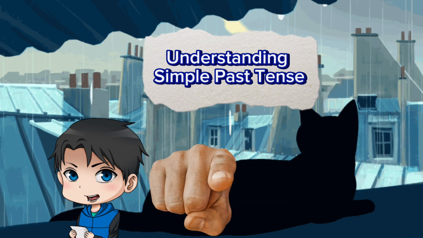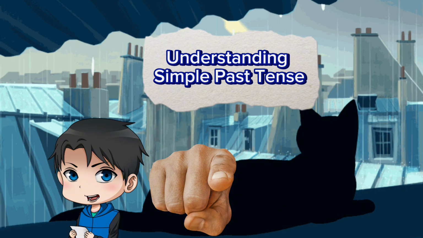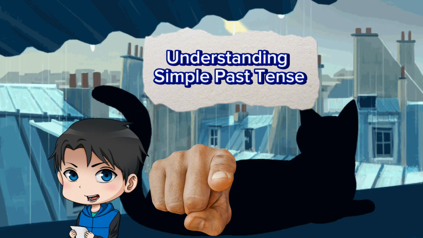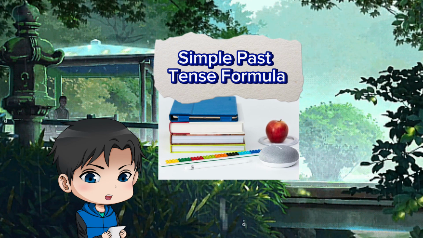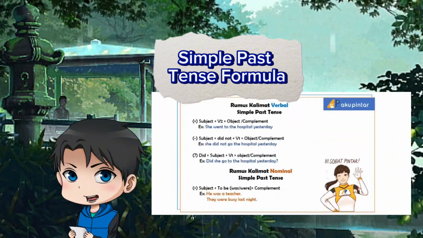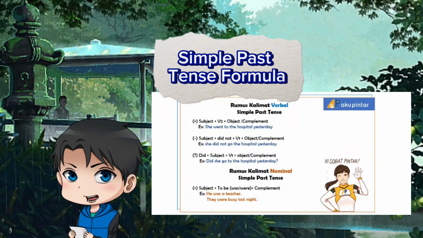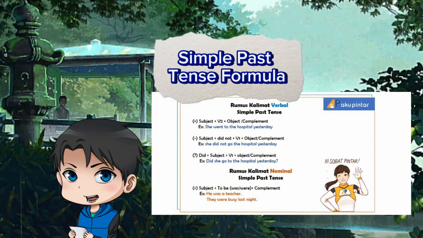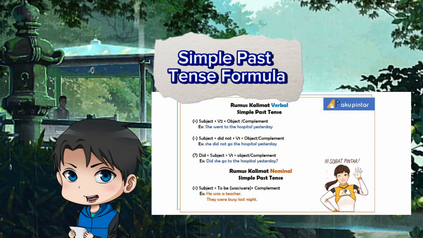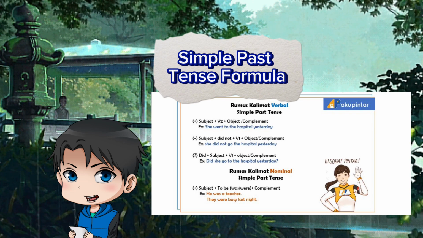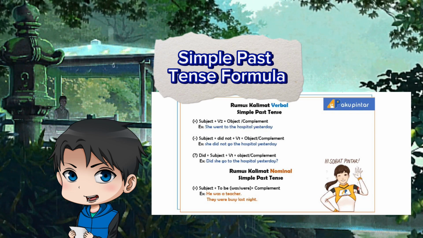We have to be careful in analyzing verbal and nominal sentence patterns. Don't make a mistake. Simple past tense formula. The formula for forming past tense sentences is according to the sentence pattern. If the sentence pattern is verbal, we usually use the second form of the verb or verb 2.